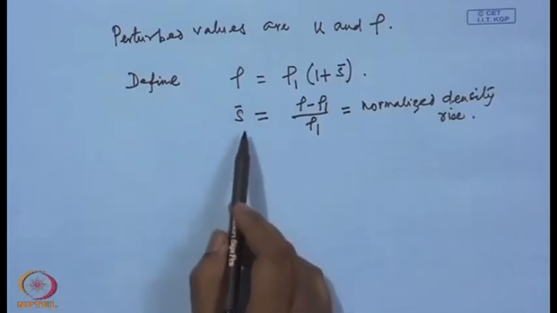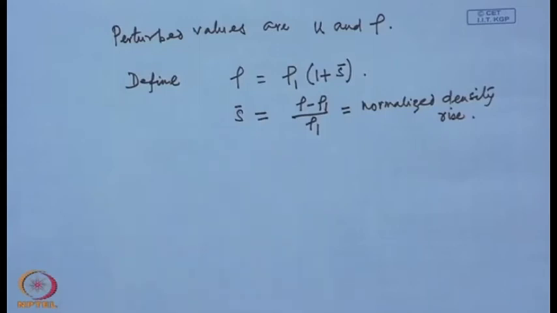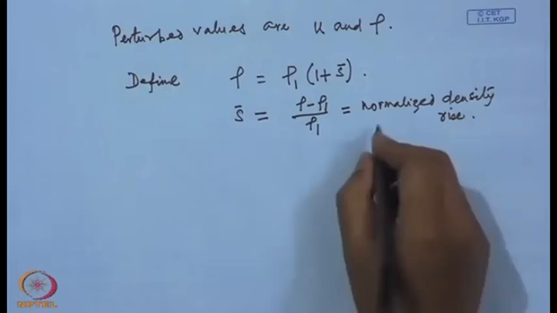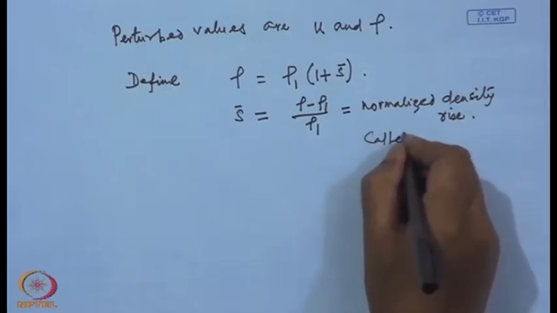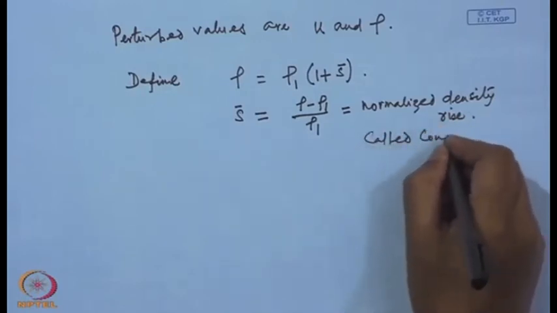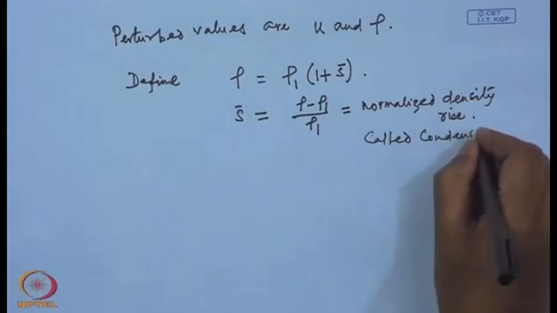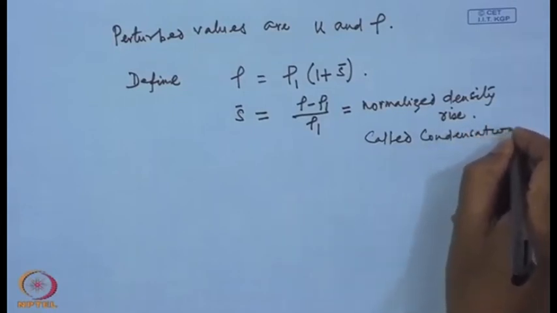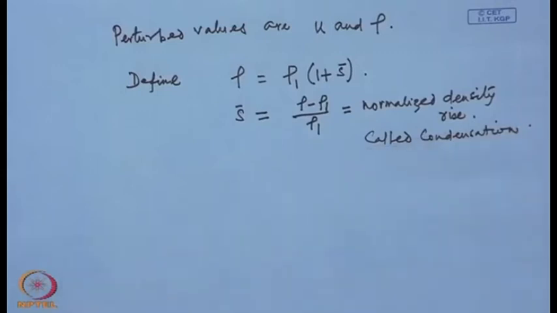Remember that it is not entropy; it is the normalized density rise, called condensation. When the value of this parameter is negative, of course, it represents a rarefaction.